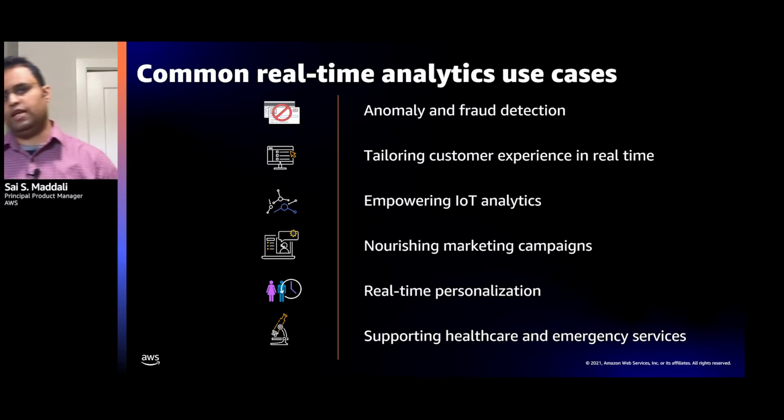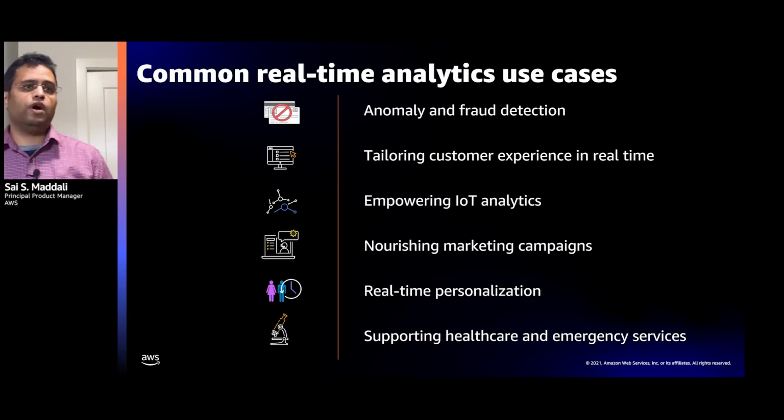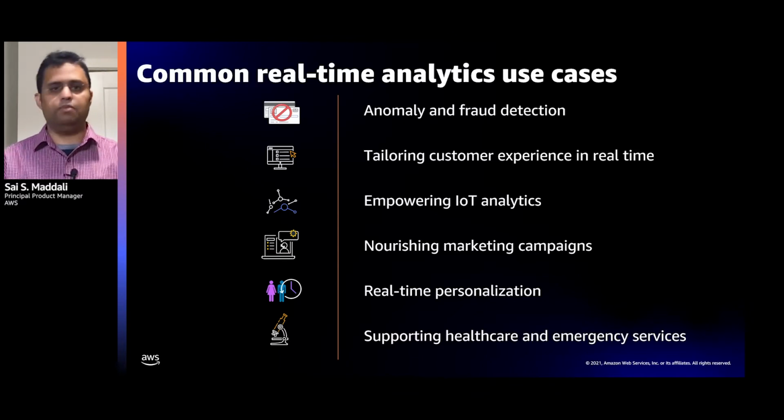You need to first select the instances, benchmark them, test them, make sure it addresses your workload needs, ensure that you're designing it for high availability, high durability, because obviously you want that to be a mission-critical application. And then you have to muck around in terms of how you scale that infrastructure as your business grows. That's a lot of hand-holding that you've got to do with the infrastructure, which is precisely why we built Amazon Kinesis Data Streams.